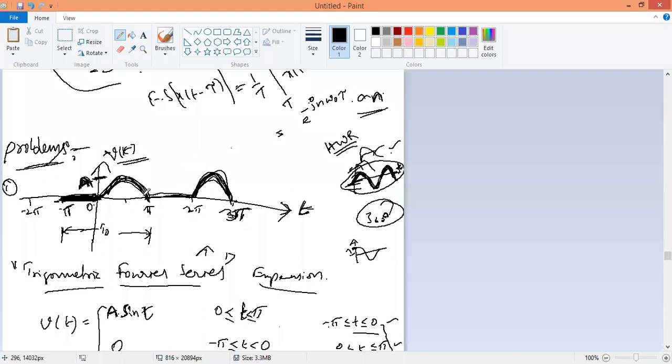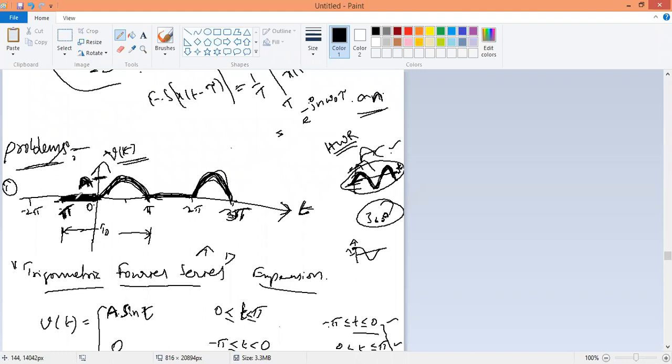Half wave rectifier. Okay, now it is the output of the half wave rectifier, and the total time period is for completion of one full cycle. How many degrees or how many radians does one complete cycle require?